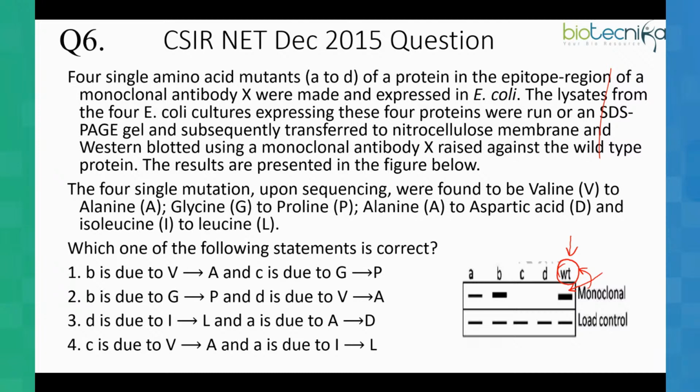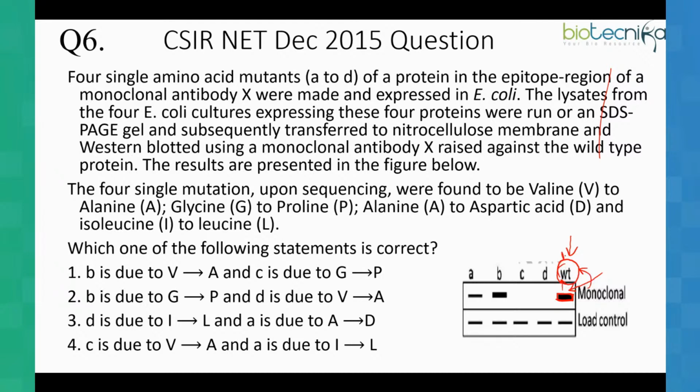We know that antibodies will be complementary to their proteins. That is why here you have a thick band in the blotting paper out of the SDS-PAGE and Western blotting result. So you are getting a thick band, which shows that they are complementary to each other.